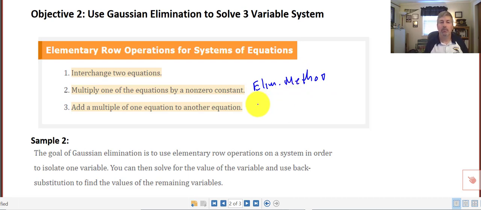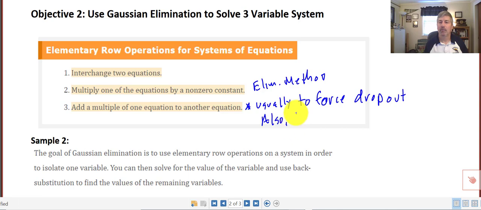And we can add a multiple of one equation to another equation. This we usually do to force a variable to drop out. And it's also used to get a coefficient to be a particular value, usually 1, but it might be some other value as well.